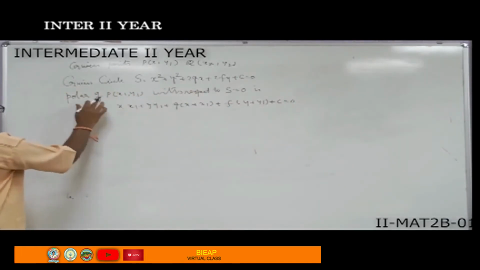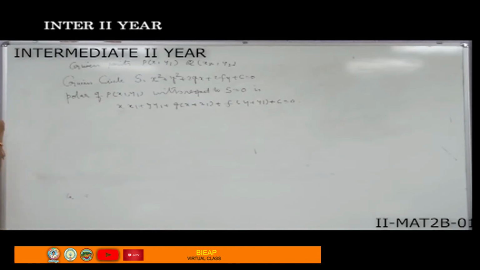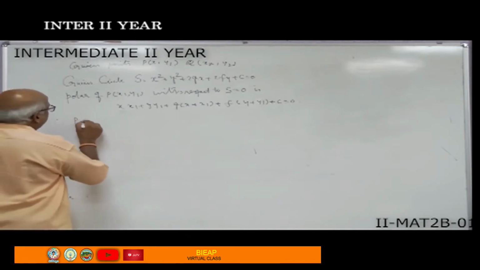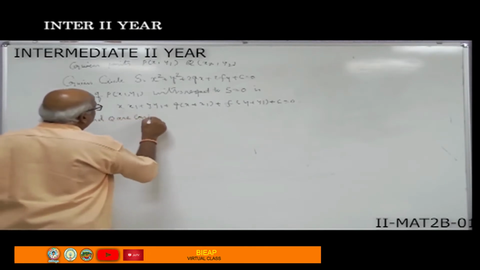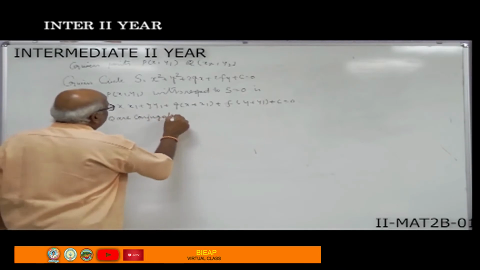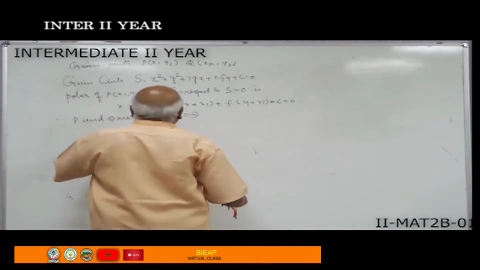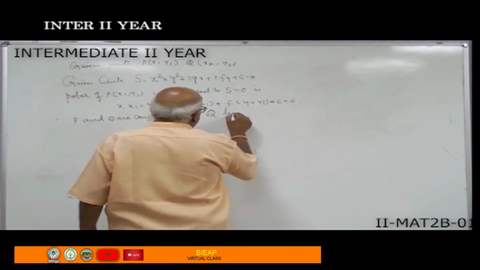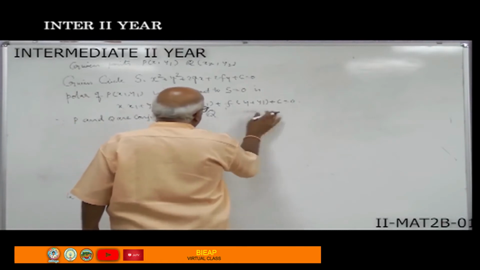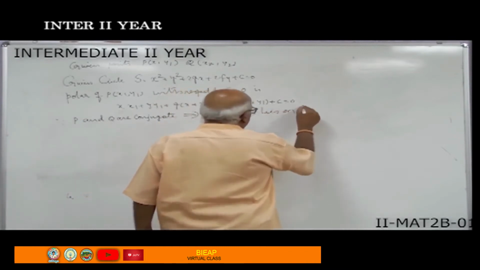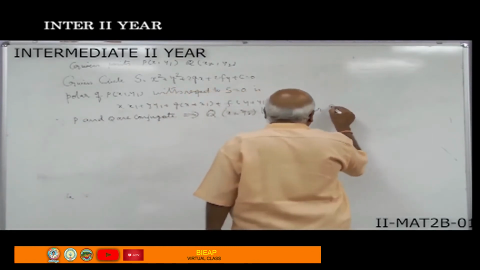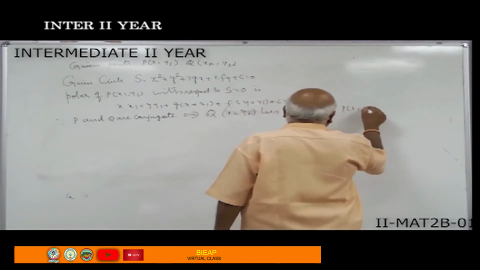If the polar of P passes through Q, the other point, then these 2 points are called conjugate points. Since P and Q are conjugate, that implies Q x2 y2 lies on the polar of P x1 y1.